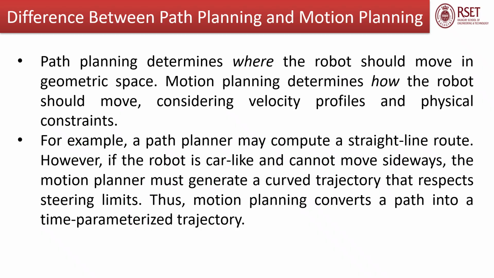Motion planning converts the geometric path into a time-parameterized trajectory. That means it assigns velocity, acceleration, and orientation changes over time. So the output of motion planning is not just a curve, it is a fully executable movement profile. This distinction is crucial for understanding real robotic systems.